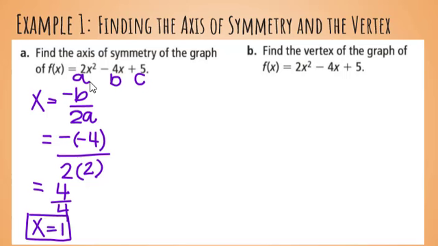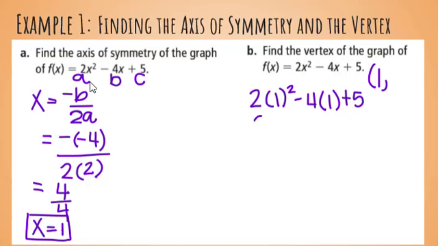So x equals 1 is our axis of symmetry. So for our vertex, our x value of our vertex is also 1. So now we need to plug in 1 into this equation here to find the y value of our vertex. So we have 2 times 1 squared minus 4 times 1 plus 5. So following PEMDAS, we simplify the exponents first.